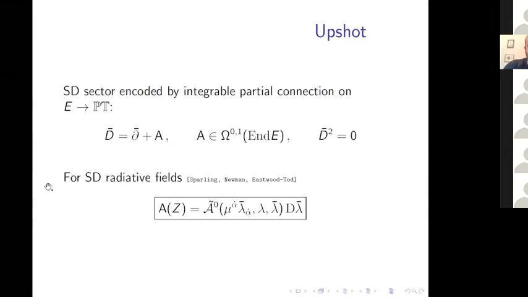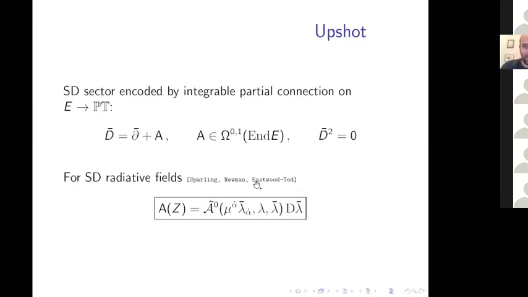And it turns out that for the class of fields that we're interested in, these self-dual radiative fields, you can write down what this partial connection is explicitly. It's proportional to the functional degree of freedom in the background itself, A-tilde, pulled back to twistor space, and then proportional to some (0,1)-form component.